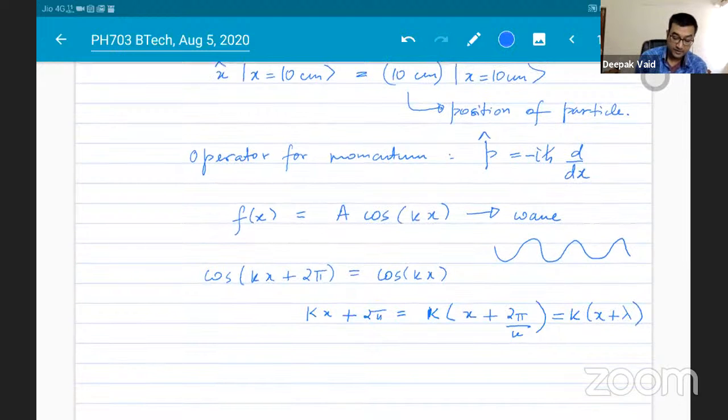So whenever the position x changes by an amount lambda, the wave remains the same. That tells me that 2 pi by k, which is equal to lambda, is the wavelength of my function.